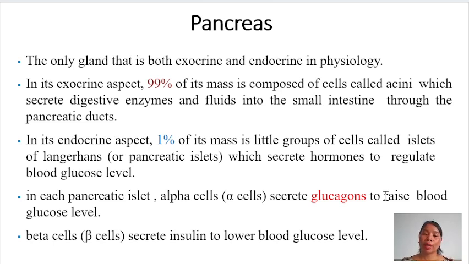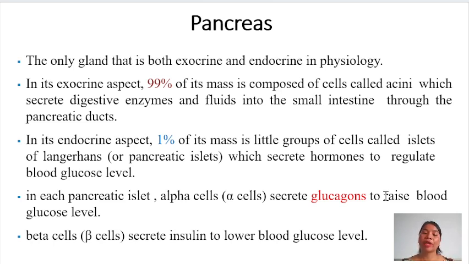In its exocrine aspect, which is 99% of its mass, it is composed of cells called acini, which secrete the digestive enzymes and fluids into the small intestine through the pancreatic ducts. In its endocrine aspect, 1% of its mass is little groups of cells called islets of Langerhans or pancreatic islets, which secrete hormones to regulate the blood glucose level.